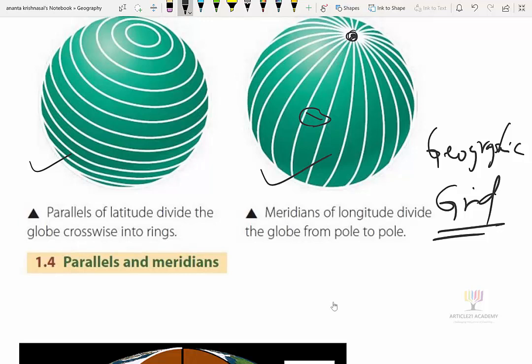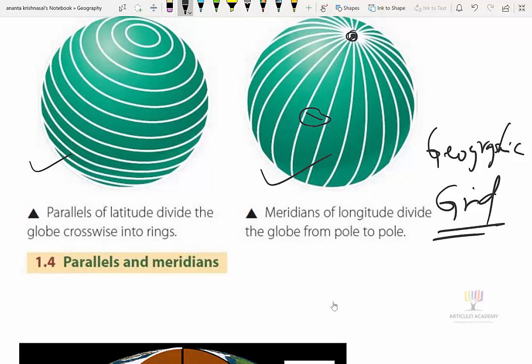Number one. Number two, this grid is possible because of the imaginary lines, the parallels and meridians, which are drawn. Number three, when I said that they are drawn in the east-west direction or in the north-south direction, remember that meridians and parallels have a particular function. They define the geographic direction.